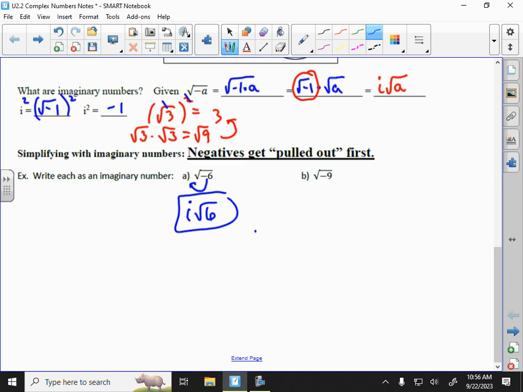B, the square root of negative 9. Again, we'll pull that negative out, and then we can simplify the radical. The square root of 9 is just 3. So i times 3, we're going to rewrite it so the number comes first, because it just looks nicer when the variable comes second and the number comes first. So 3i is the square root of negative 9.